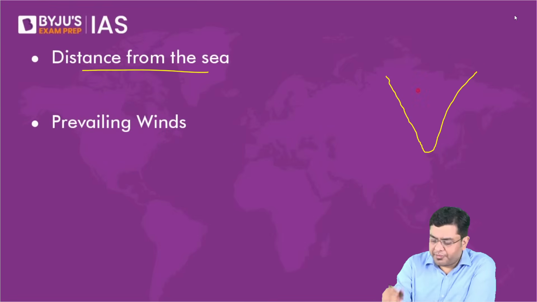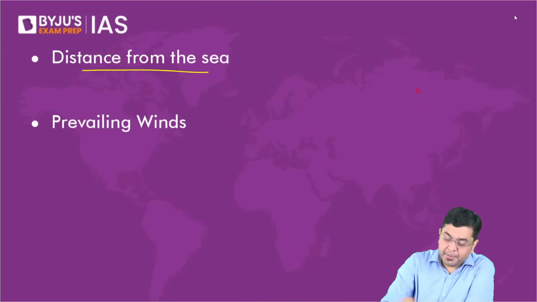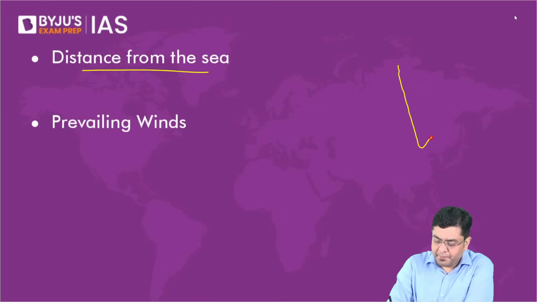Let's suppose a very rough indicative map. Now here, let us consider a place, Mumbai. Let us consider another place, let's say, Delhi.